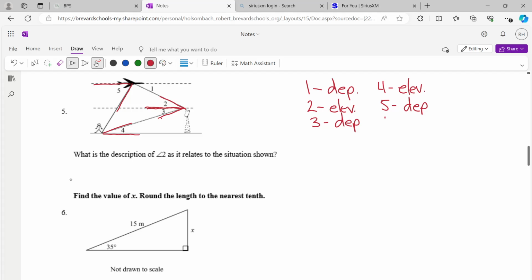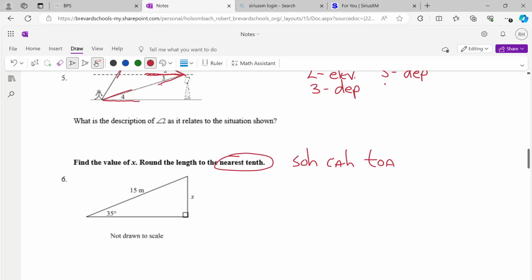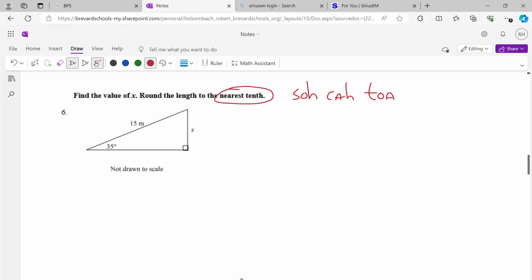All right, in problem number 6, find the value of x to the nearest tenth. Now we're finding a side length. When we're finding side lengths, we don't use inverse sine, cosine, tangent. So we've got a 35-degree angle. We're looking for its opposite side, and we have the hypotenuse. Opposite and hypotenuse is sine, so sine 35 equals the opposite side over the hypotenuse.